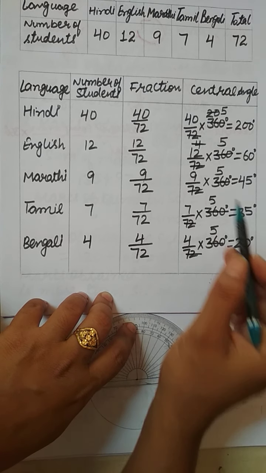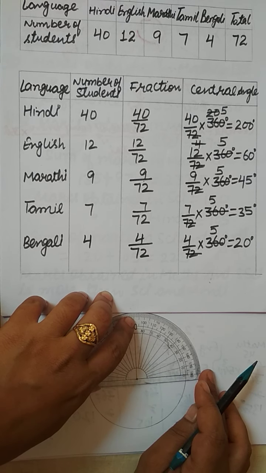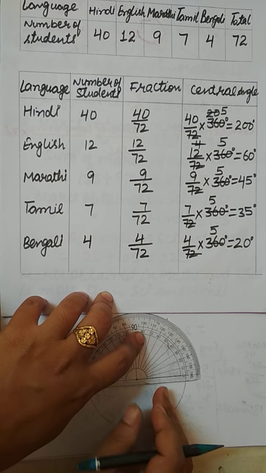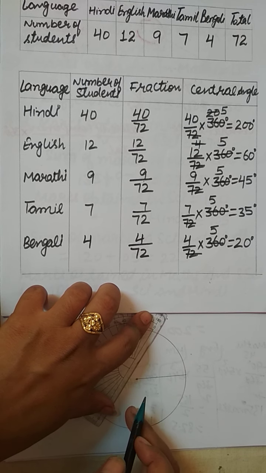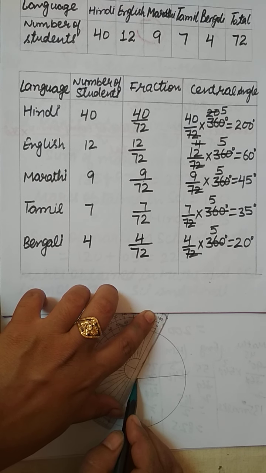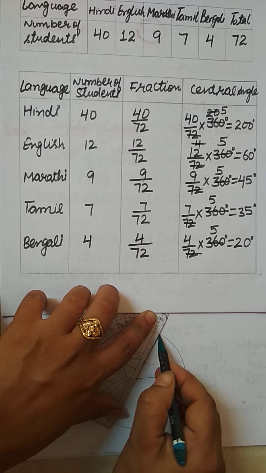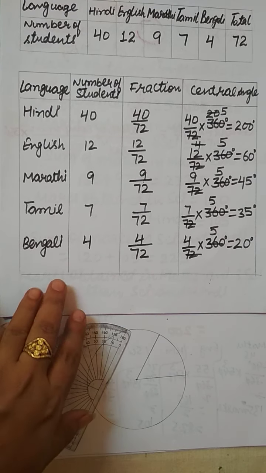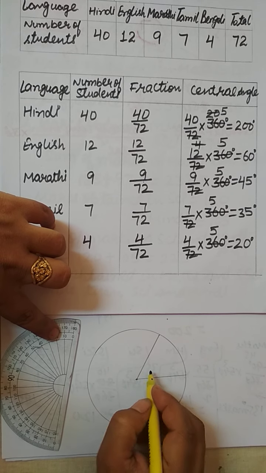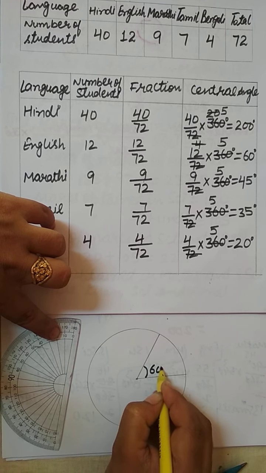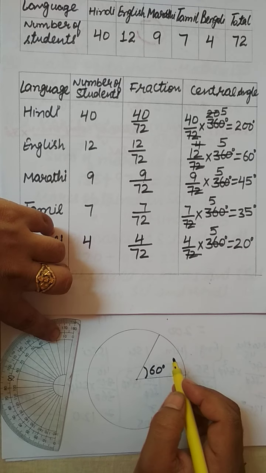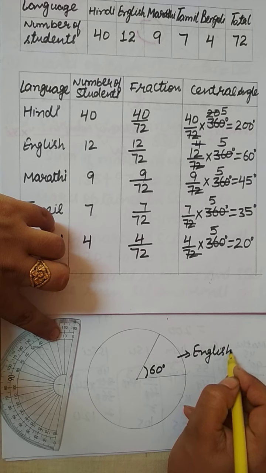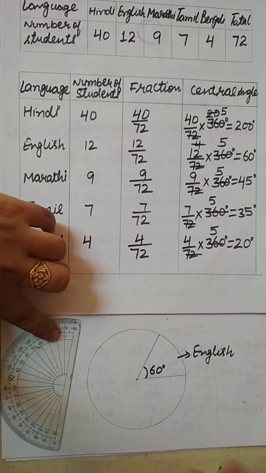But I will draw the smaller ones first, as the next angle is of 60 degrees. So firstly I will draw the angle of 60 degree. So this is 60 degree and this is for English. Now draw the next angle, that is 45 degree.